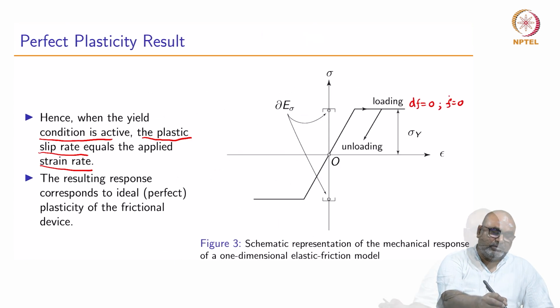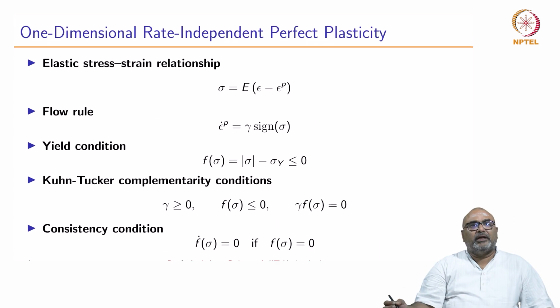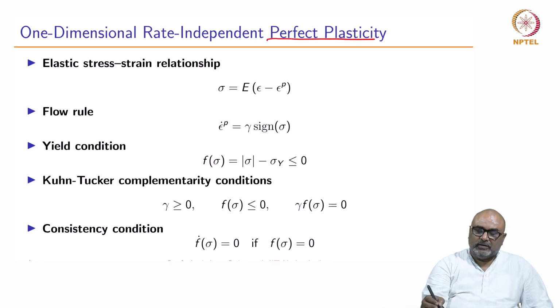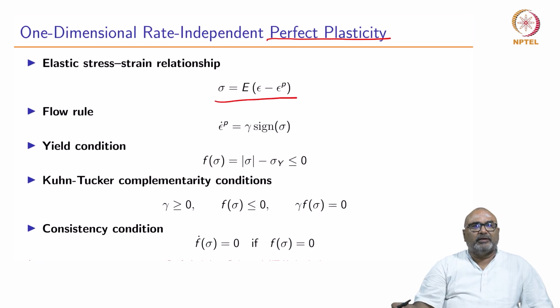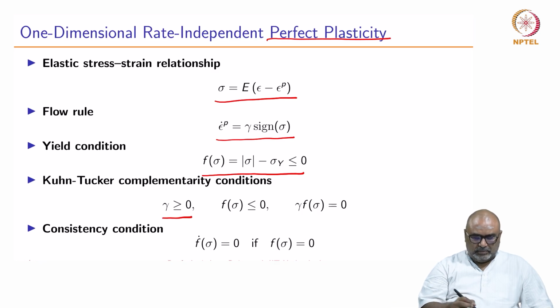So, the summary of one dimensional rate independent plasticity for the perfectly plastic case is that the elastic stress strain relationship is given by σ is equal to E times (ε minus ε p). The flow rule is defined as ε dot p is equal to γ sign of σ. The yield condition is given by f of σ is equal to |σ| minus σ y must be less than or equal to 0.